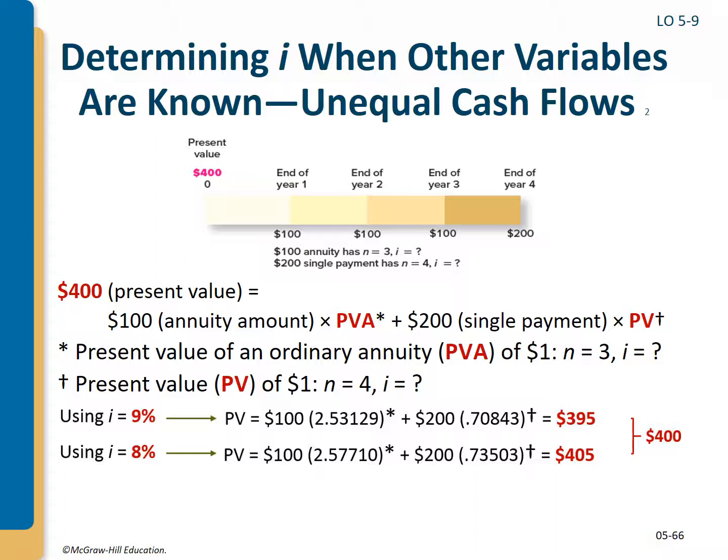So you're using your table 2, 9% interest column, because you're guessing now, for 4. Because 4 periods, we're trying to figure out how much that $200 is worth today. So it's somewhere between 9% and 8% is your interest rate. So when you're in those circumstances, it's not as straightforward.